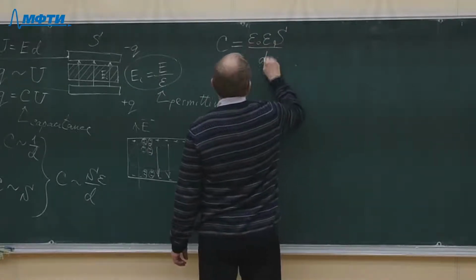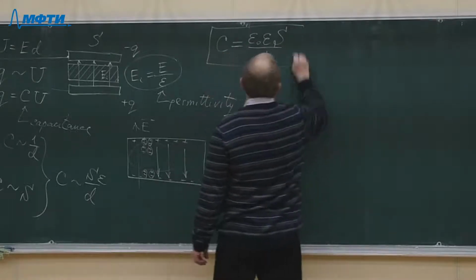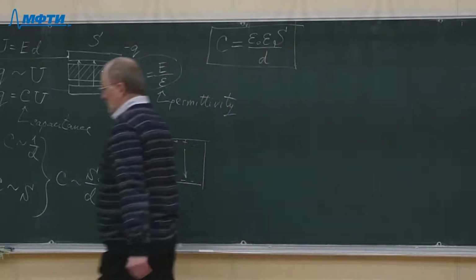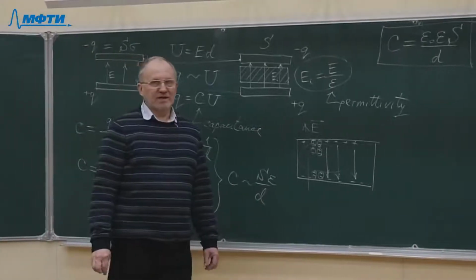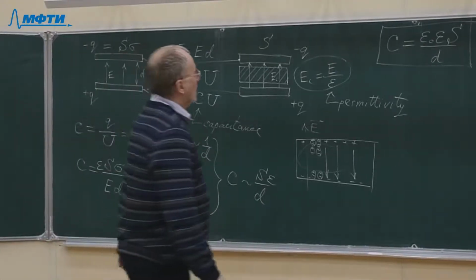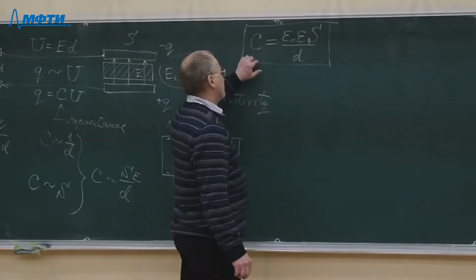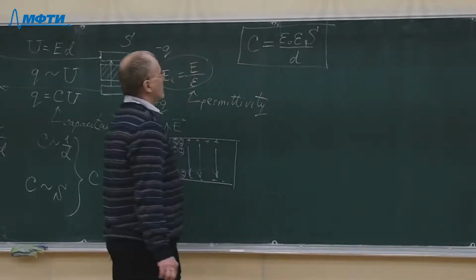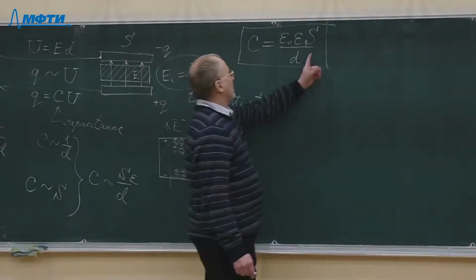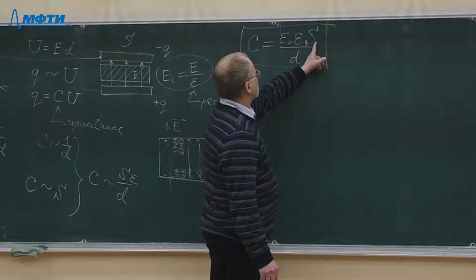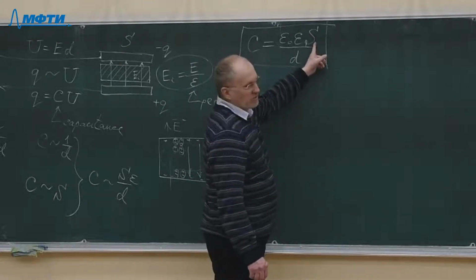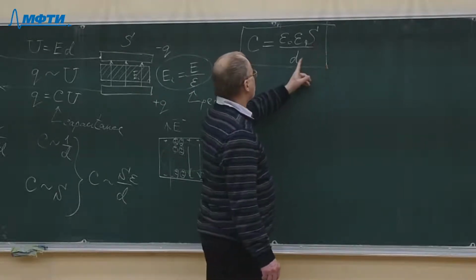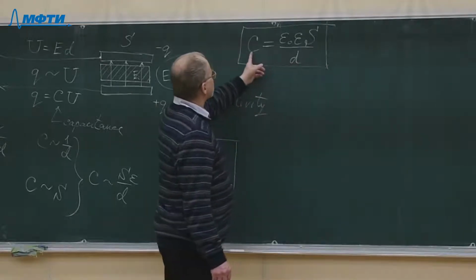The formula for the capacitance of a flat capacitor, in the international system of units, is when the surface area is measured in meters squared, distance is measured in meters, and capacitance is measured in farads.